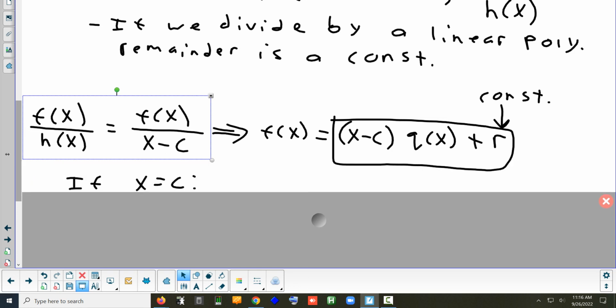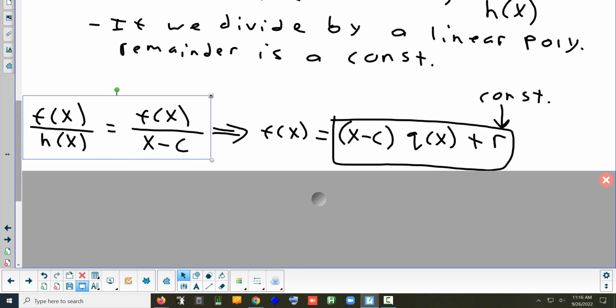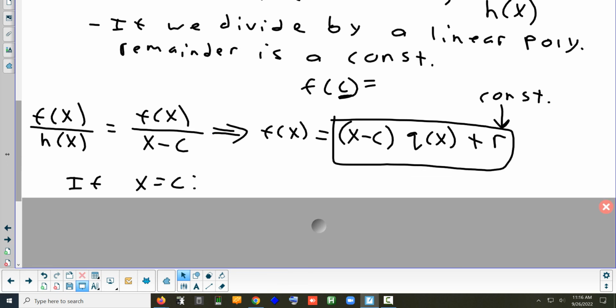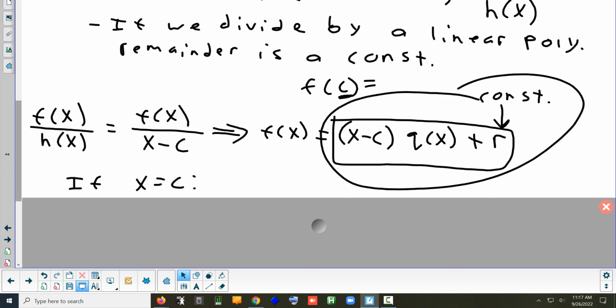Okay, so now I want to look at that formula, and I want to focus on this right-hand side. I want to know what f of c would equal. Well, this means to take all your variables and replace them with whatever is inside there. So let's let x equal c.